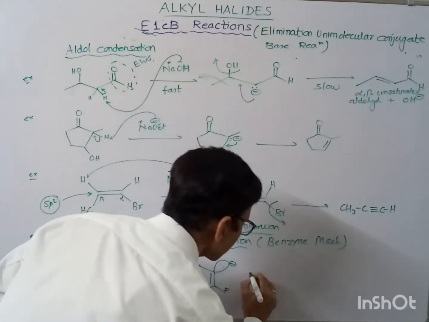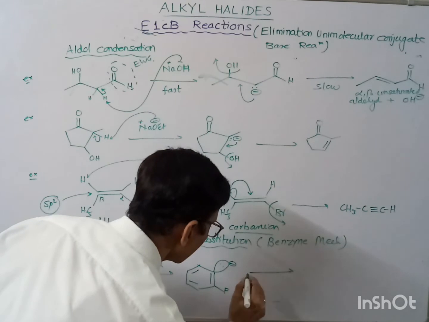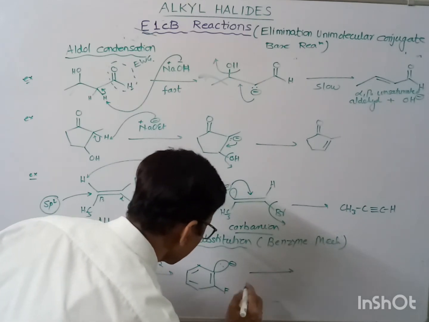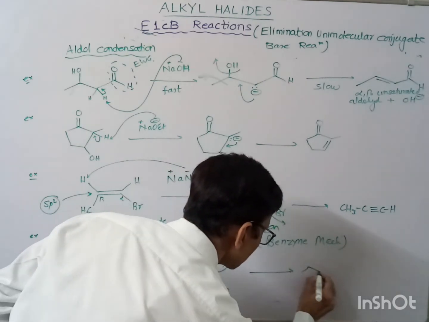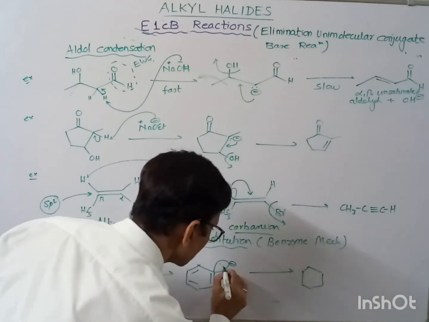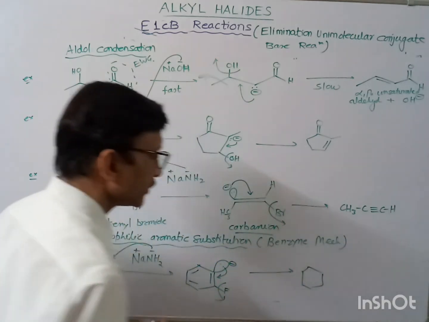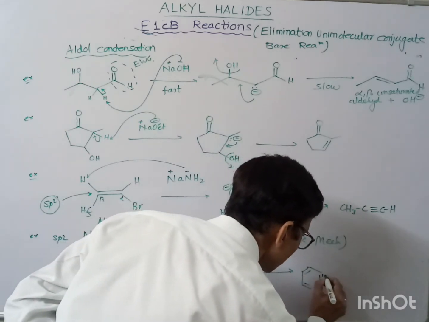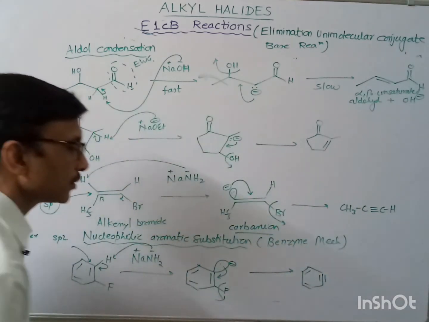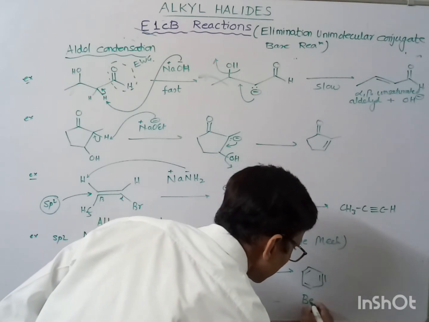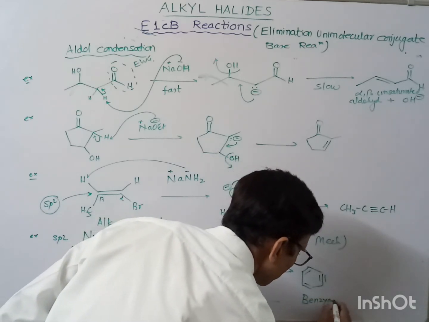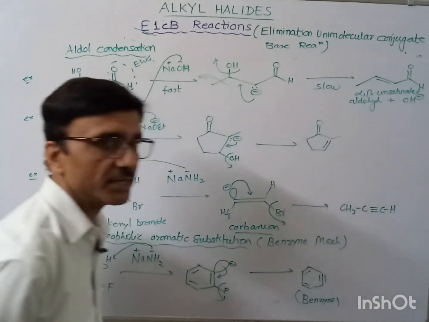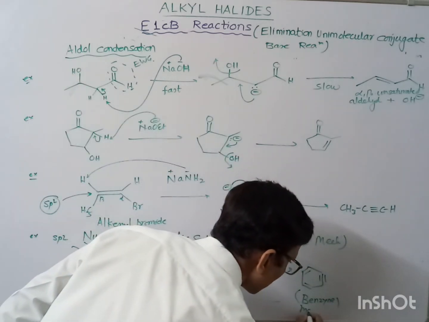Okay, and in the next step what would be formed? A benzyne is formed, and this fluorine will leave out. So formation of this benzyne is also an example of this E1cB reaction. This is the intermediate.